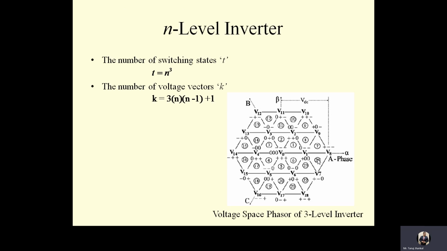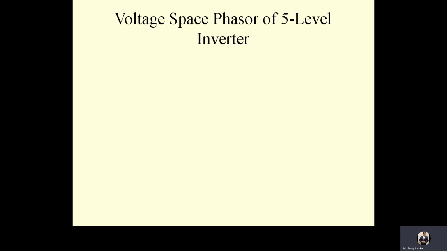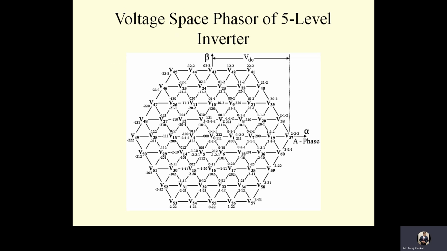And if we talk about 5-level, this is the 5-level inverter. Now the pole of level 0 is indicated by 0 in switching states. However, in 3-level it is not denoted by 0.